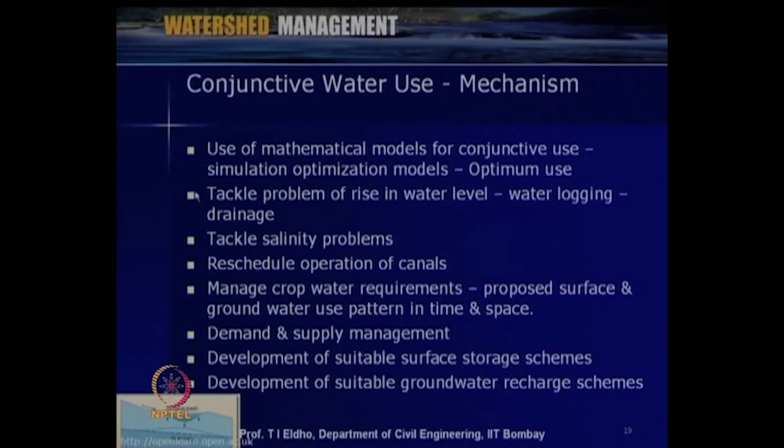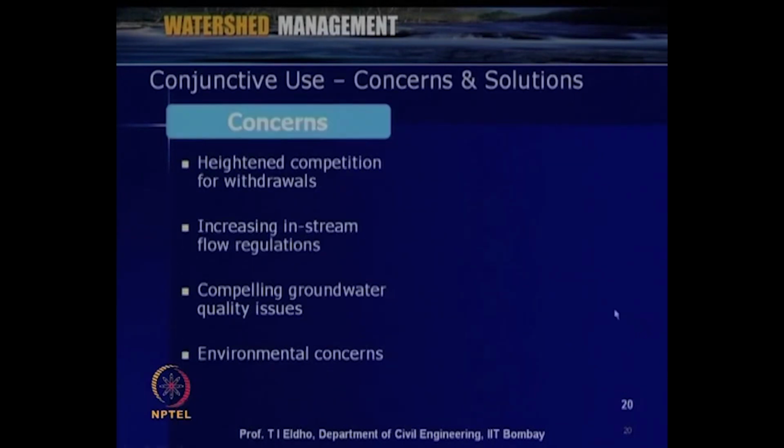Finally, in all this, conjunctive use is demand and supply management, so that sustainable development or sustainable management is possible. That includes development of suitable surface storage schemes, either small scale or large scale, and development of suitable groundwater recharge schemes, so that surplus water available in the monsoon or rainy season can be utilized for artificial recharge.